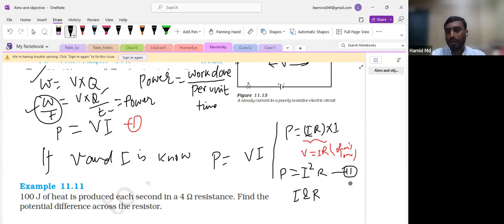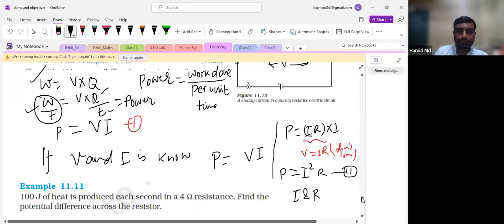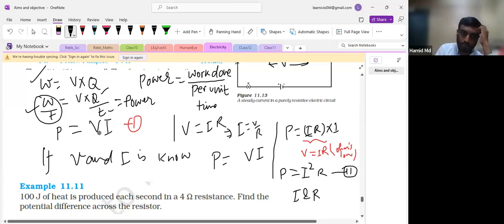If we have another form, where is the Ohm's law? Ohm's law is V is equal to IR. This is Ohm's law, we always keep it in mind. So now if I substitute I is equal to V over R, what will we get?